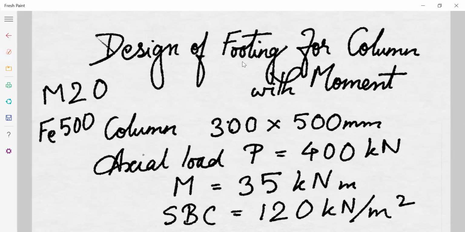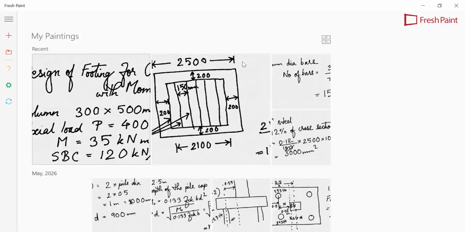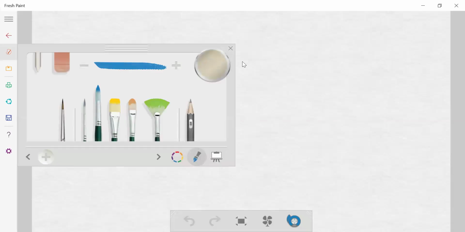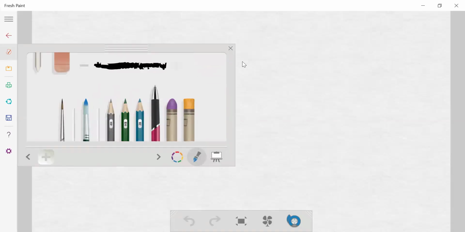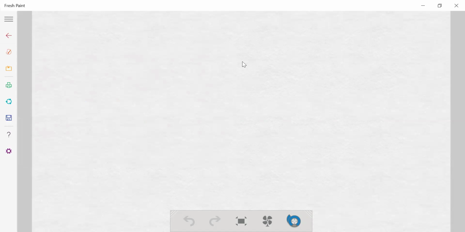Okay, so let us start with the solution. First we have to do the sizing. Now when the load given to us is 400 kilonewton, we also have to take into account the self weight.